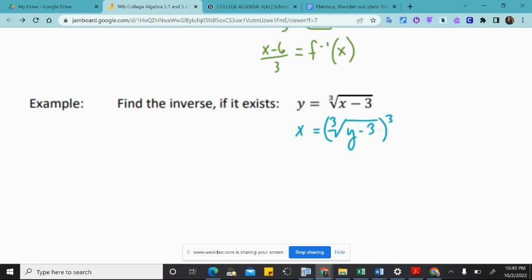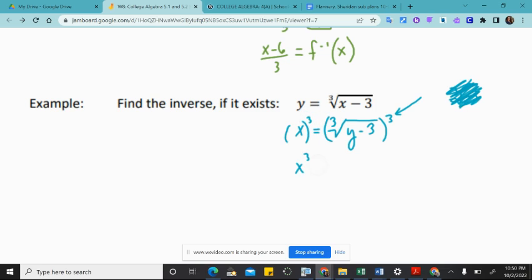We can do that because if I plug in a negative number, I'm going to get a negative when I take the cube root. Whatever I plug in, I get out. If I plug in a positive into a cube root, I get out a positive when I cube it, and vice versa. It's all okay because it's an odd exponent and an odd root. So we can totally do this legally with no problems.